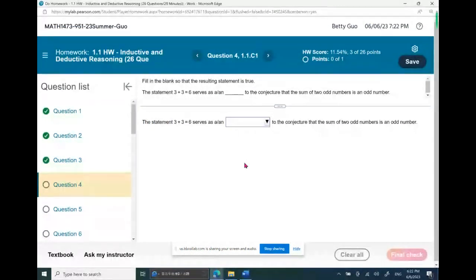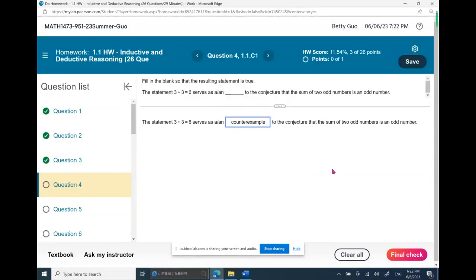Those questions earlier had nothing to do with induction or deduction, right? It's just some foundation, basics from algebra. The statement 3 plus 3 equals 6 serves as a what to the conjecture that the sum of two odd numbers is an odd number? Counterexample, all right.